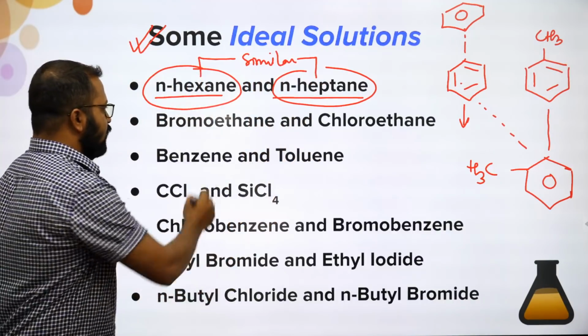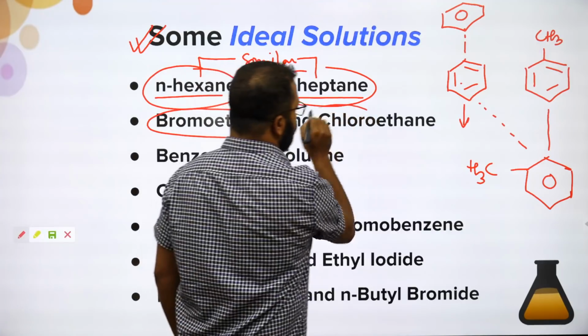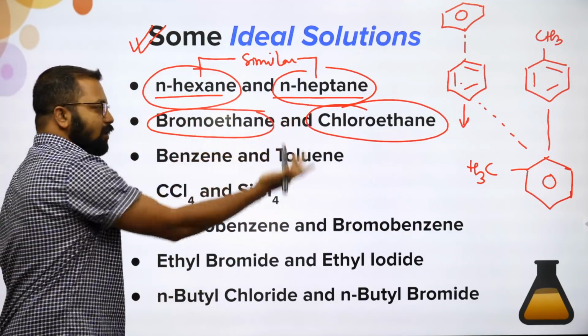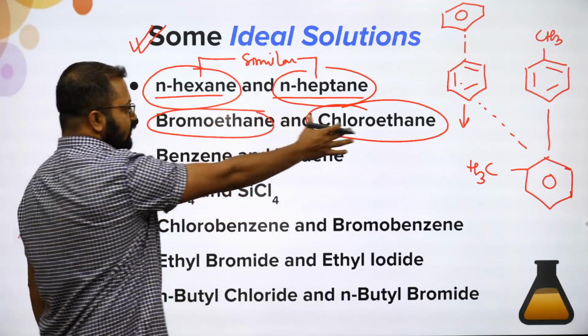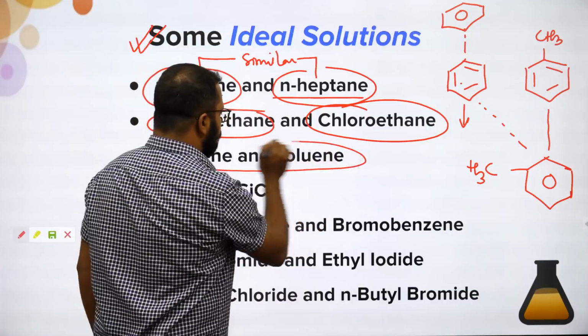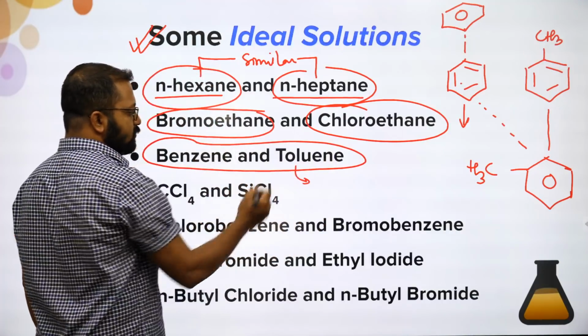Okay, so similar homologues are similar. Bromoethane, chloroethane, the nature of the compounds is almost similar. Bromine and chlorine are halogens, and the ethane unit is also alike. Benzene and toluene look like they are homologues.